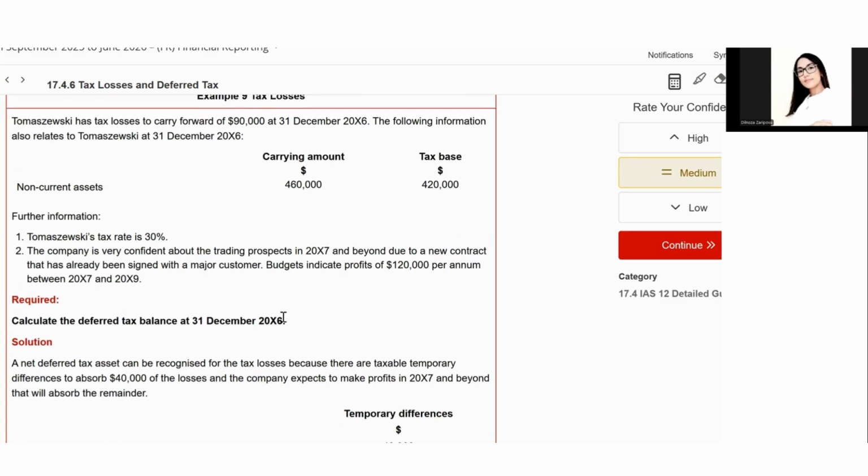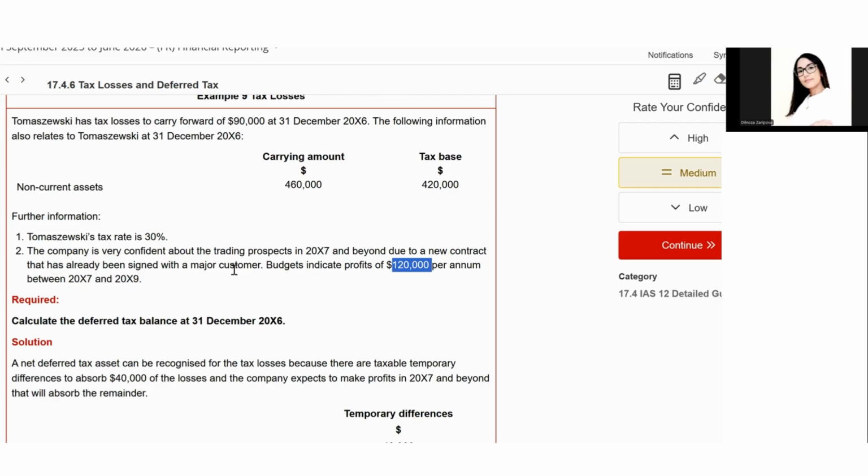What we should do in this case? We will look at now the differences, right? If we have, like, let's say, deferred tax asset, and if they have this amount predicting in the future, then we can recognize deferred tax asset.